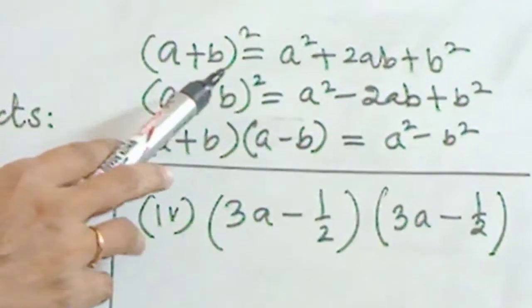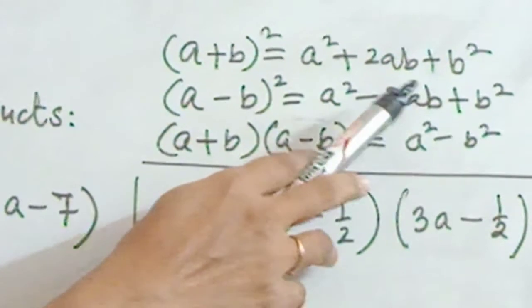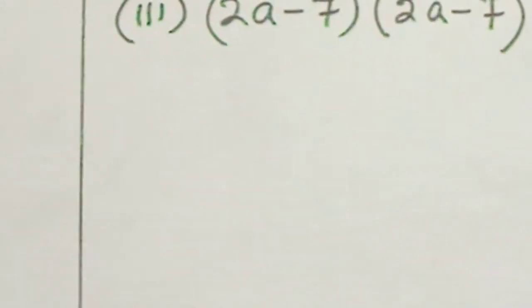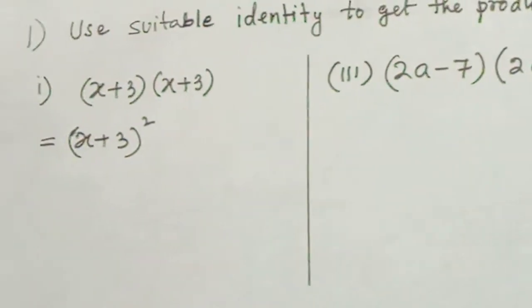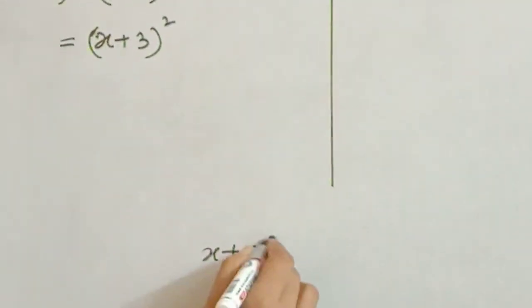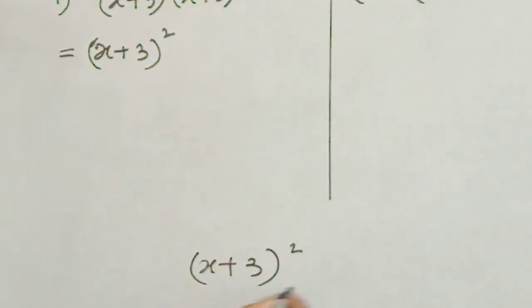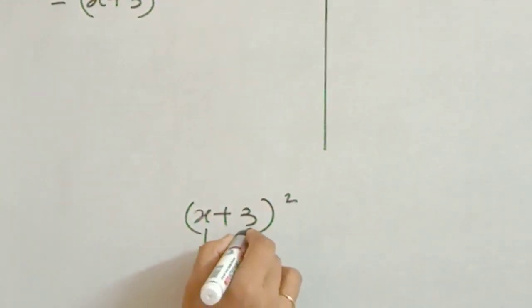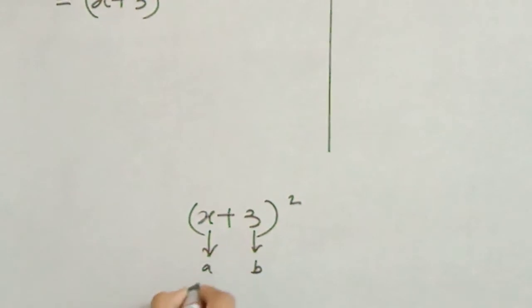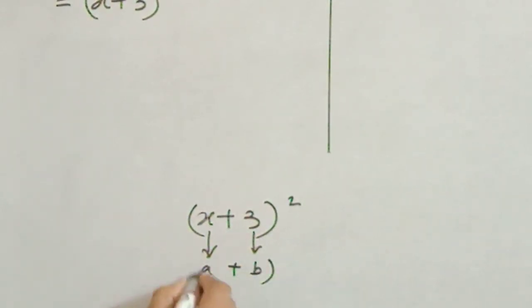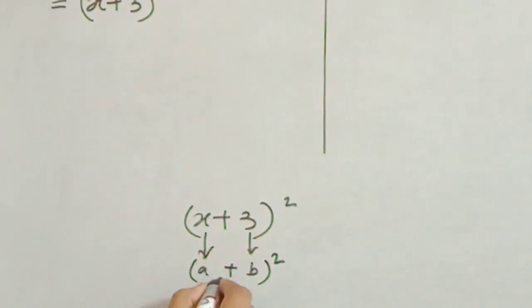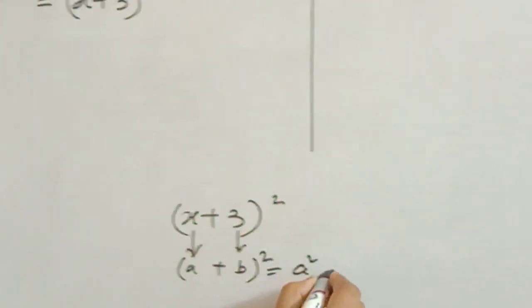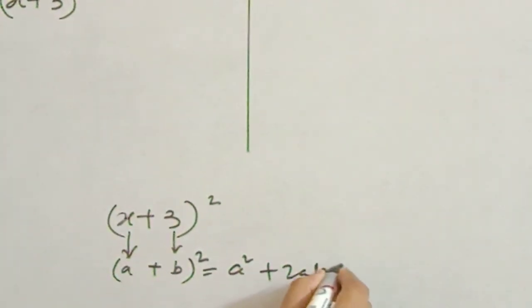A plus B whole square is equal to A square plus 2AB plus B square. So we will consider first one as it is X plus 3 whole square. Here X we will consider as A and this 3 we will consider as B. So we can use this formula and we will write A square plus 2AB plus B square.